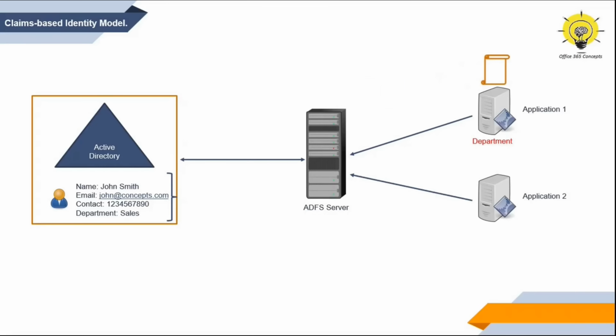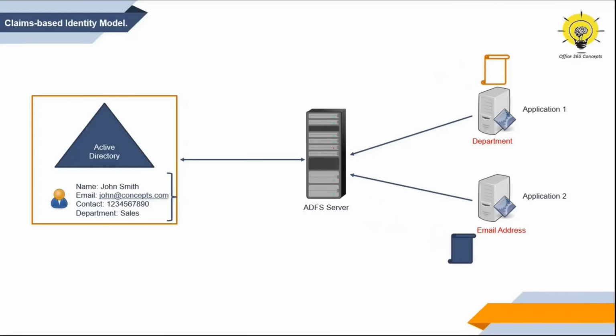In the same way, if another application's requirement is that the user should be authenticated on the basis of email address attribute, ADFS will construct another token including email address of the user and will send this token to the application. So this is one of the reasons why we need ADFS.